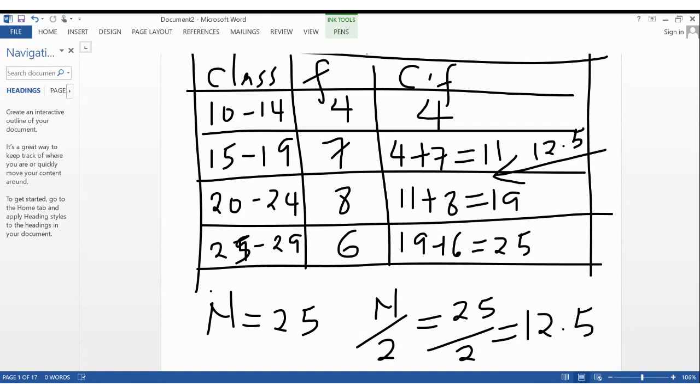Let me hear some answers. Which class shall we consider, which is falling between 11 and 19? But which class interval shall we consider there? Is it 15 to 19 or 20 to 24? I've gotten one answer. I'm waiting for the next one.